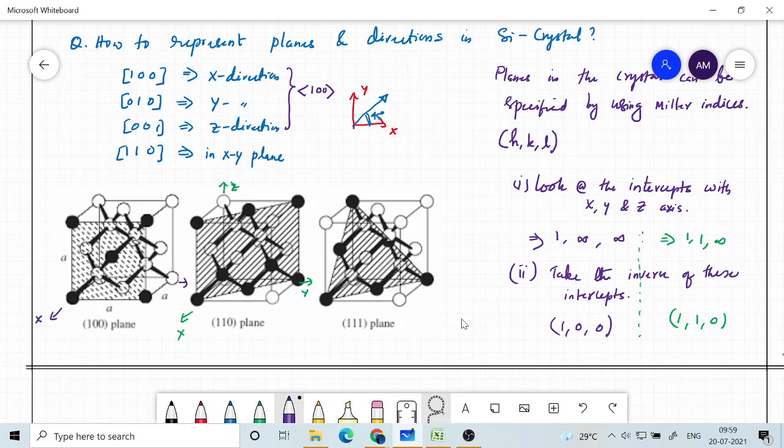It may be good to put the x, y lines here and z here. The origin is where they meet, with respect to which we are looking at the intercept. Similarly here, you can see that it has intercepts 1, 1, 1. Take the inverse, you will get 1, 1, 1. So these are called Miller indices, and at times it may not be very obvious.